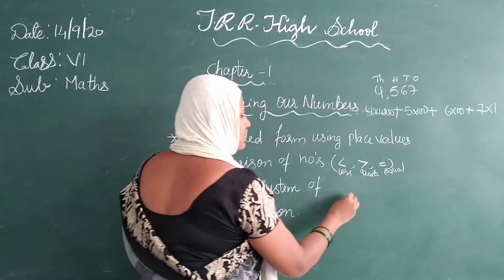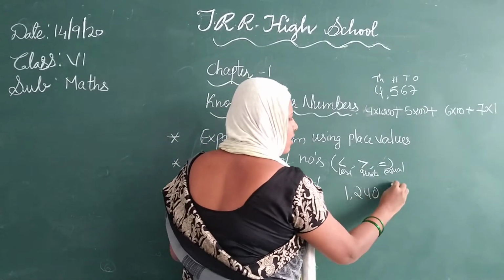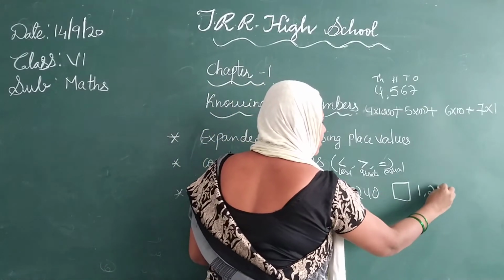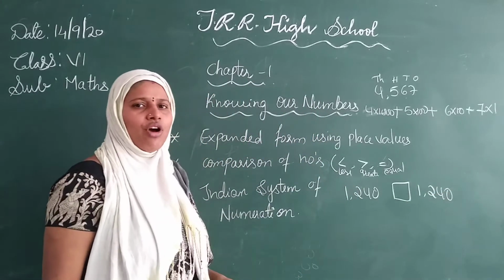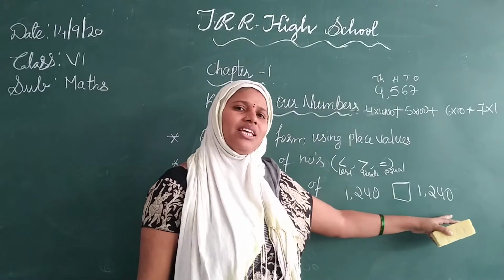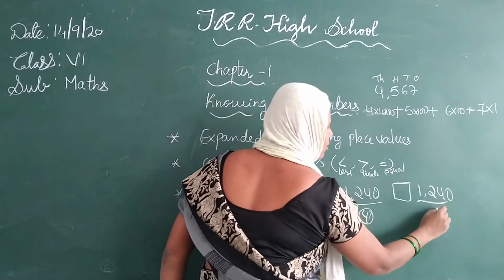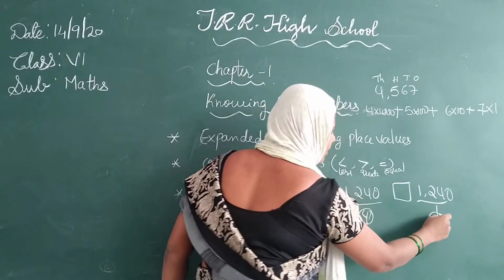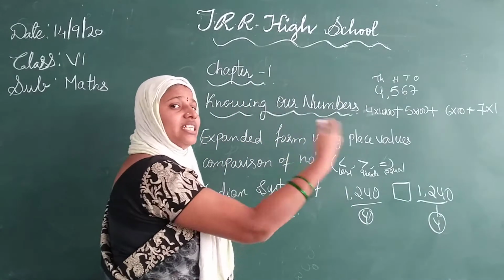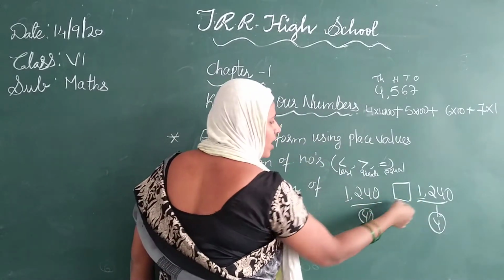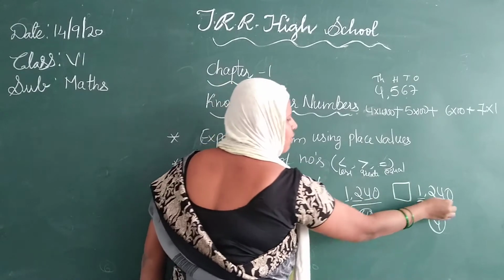Now one more is 1240. So here also we are having the same number of digits, right? Here 4 are there. Here also 4 are there. Now you have to check each digit. Now 1, 1, 2, 2, 4, 4, 0, 0.